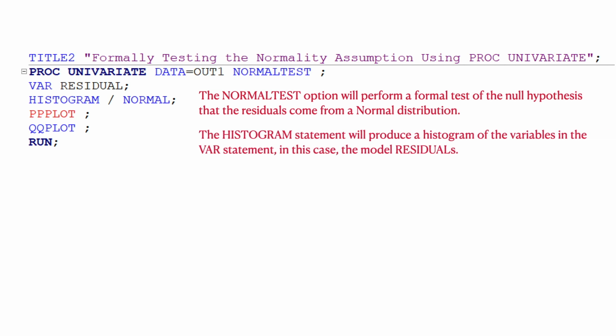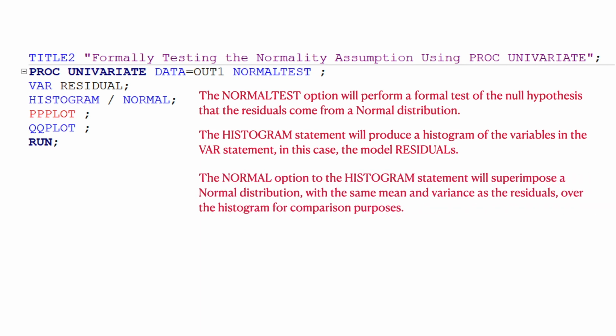The HISTOGRAM statement will produce a histogram of the variables in the VAR statement, in this case, the model residuals. The NORMAL option to the HISTOGRAM statement will superimpose a normal distribution that has the same mean and variance as the residuals over the histogram for comparison purposes.